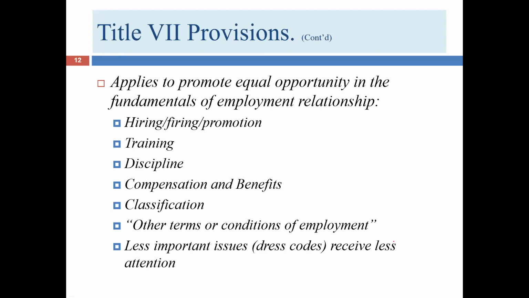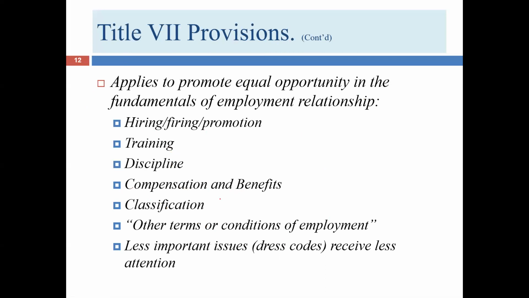So here are some examples of things that Title VII protects, things that are considered potentially adverse actions. Obviously hiring, firing, promoting, and demoting could all be adverse employment actions. Also denying training, giving more discipline, or giving better pay or better benefits to people of a different category.